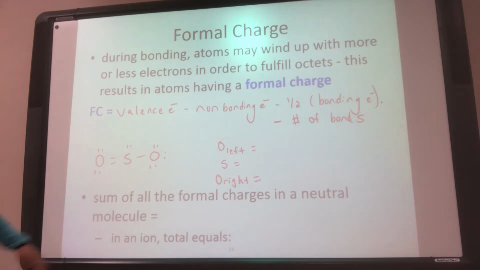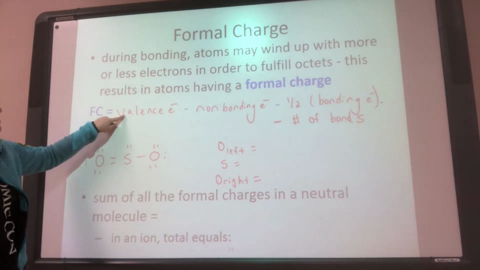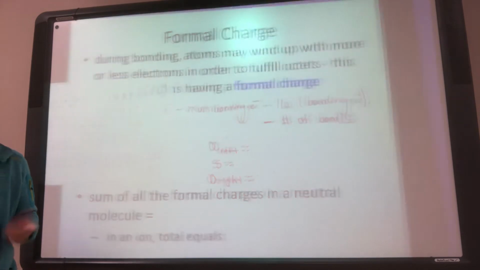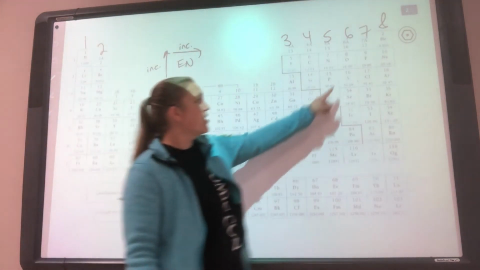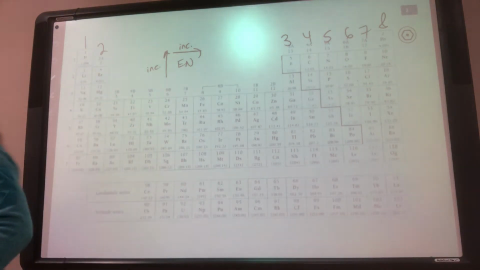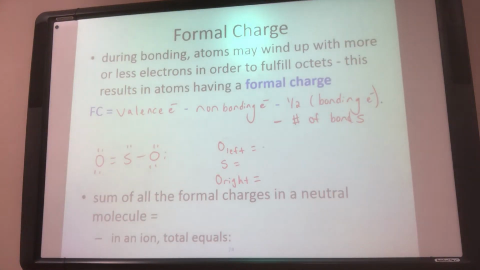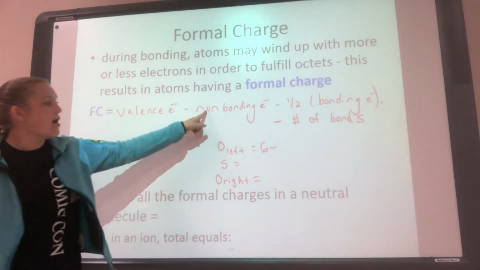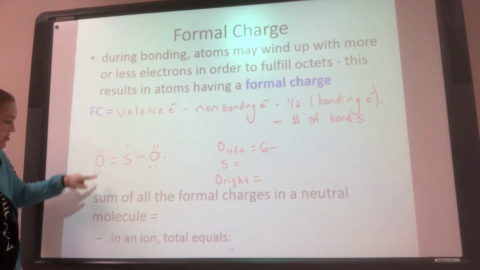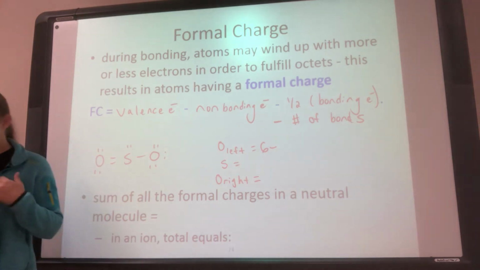So let's look. Left oxygen. First, it's the number of valence electrons. It's an oxygen, so how many valence electrons does oxygen have? I go on the periodic table and I look, 6. Okay? So he has 6 valence electrons minus the number of non-bonding. As my Lewis structure is drawn, he has 1, 2, 3, 4 electrons just on it.